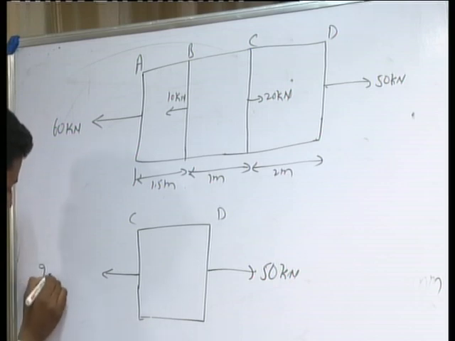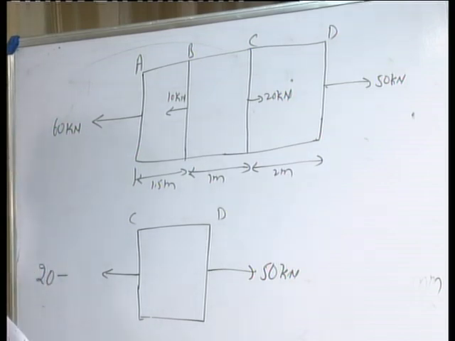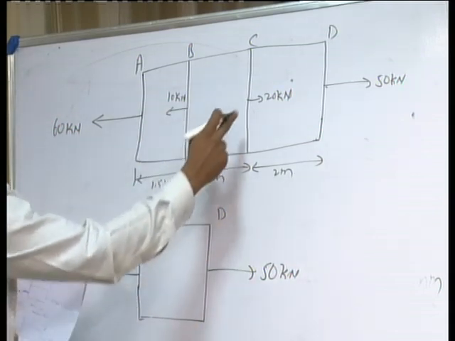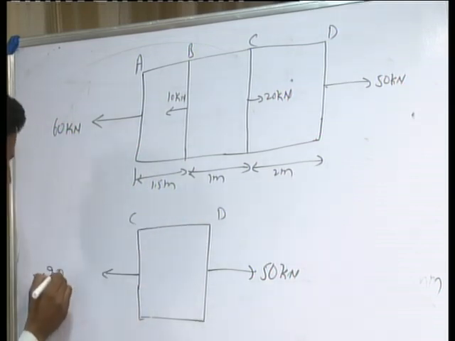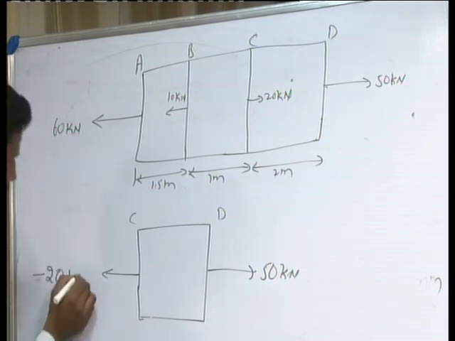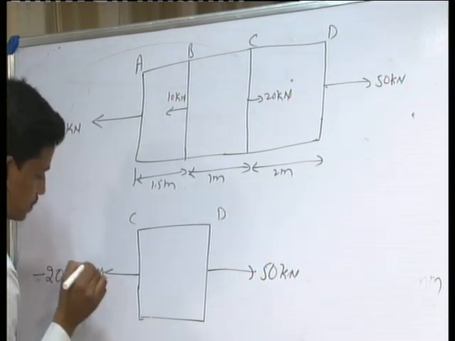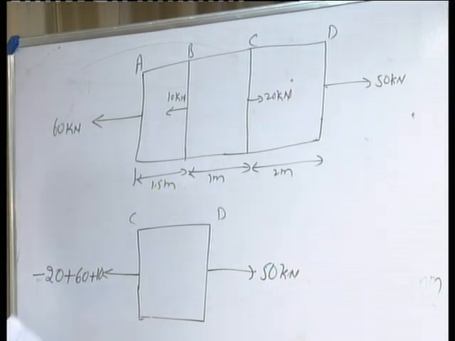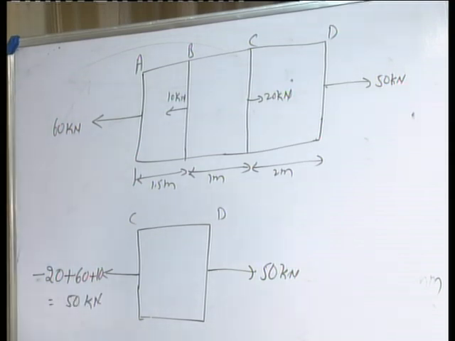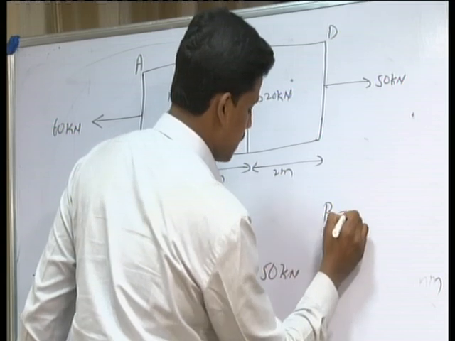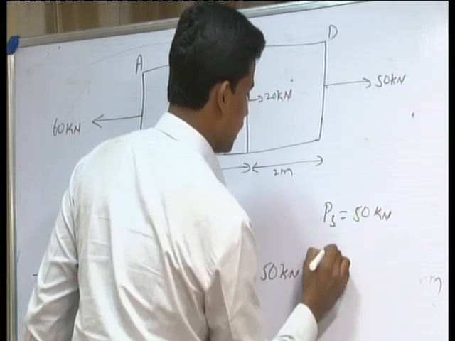If you take 20 as positive, then 60 kilonewton and 10 kilonewton, acting in the direction opposite to it and going exactly in the direction of 50 kilonewton, take a negative sign. So you will get minus 20 plus 60 plus 10, which gives 50 kilonewton. So P3 is equal to 50 kilonewton.